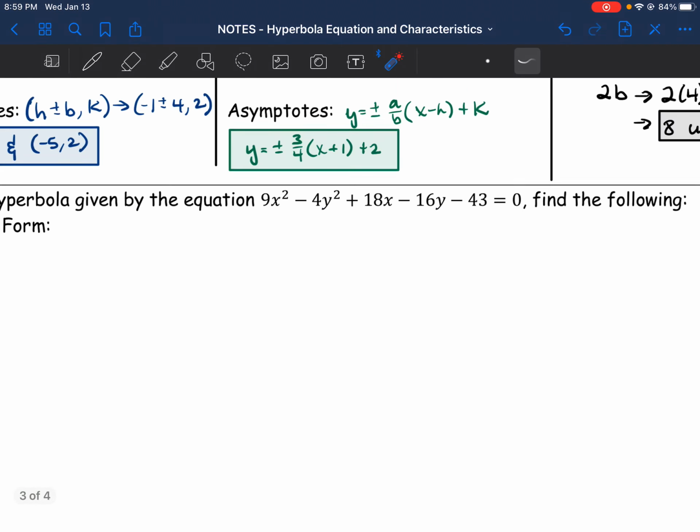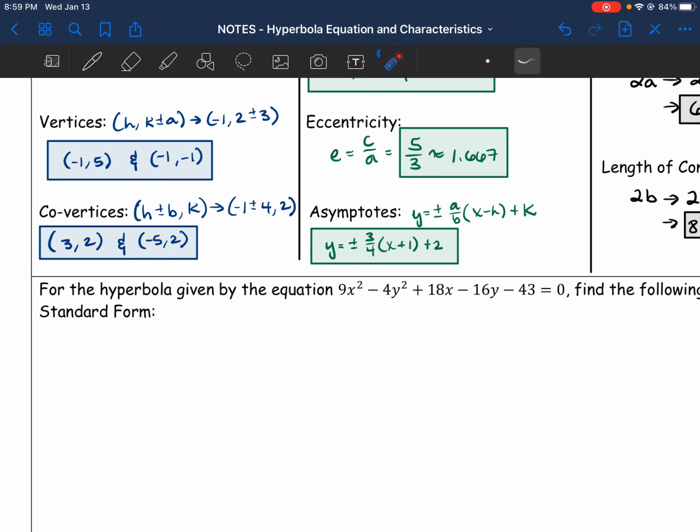Either one of those, then we know that we're going to have a hyperbola. As we can see right here, negative 4 for the y squared, we know this is a hyperbola, not an ellipse, because the equations look very similar. But let's go ahead and convert from general form to standard form so that we can start calculating all these different pieces.